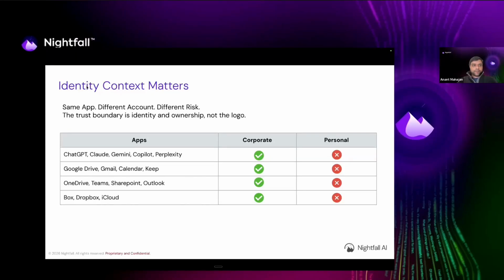We talked about personal versus corporate usage of apps like any of the AI apps, or it could be the cloud storage apps as well. And the identity context matters here.